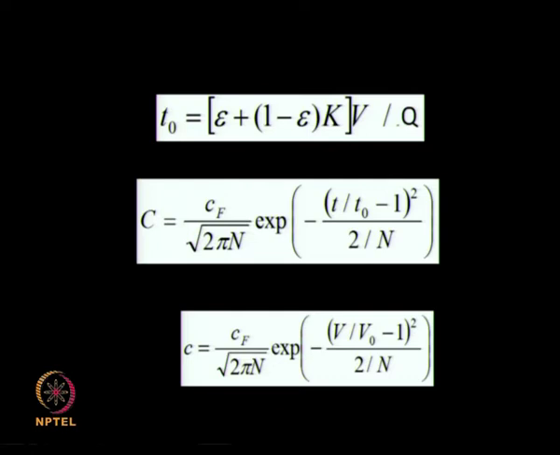In fact, vendors, when they sell a chromatographic column, mention how many theoretical plates the column has. The larger the number of theoretical plates, the more efficient the column is in separating; the smaller the number, the less efficient the column is relatively. So when we buy a chromatographic column, we always look for the number of theoretical plates and then decide how good the separation efficiency of the column is.